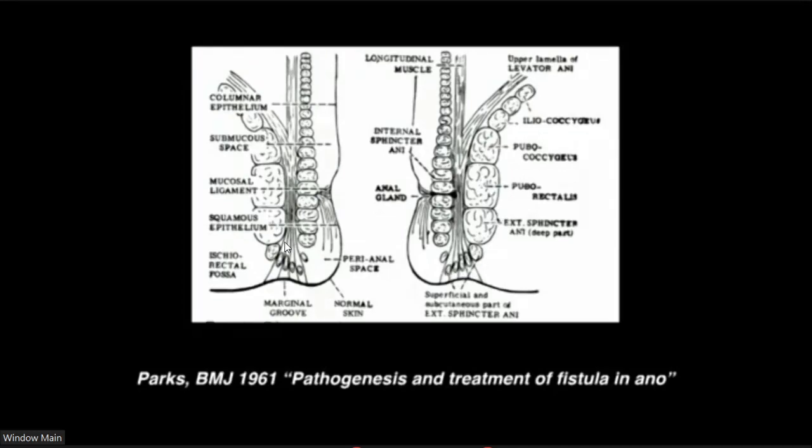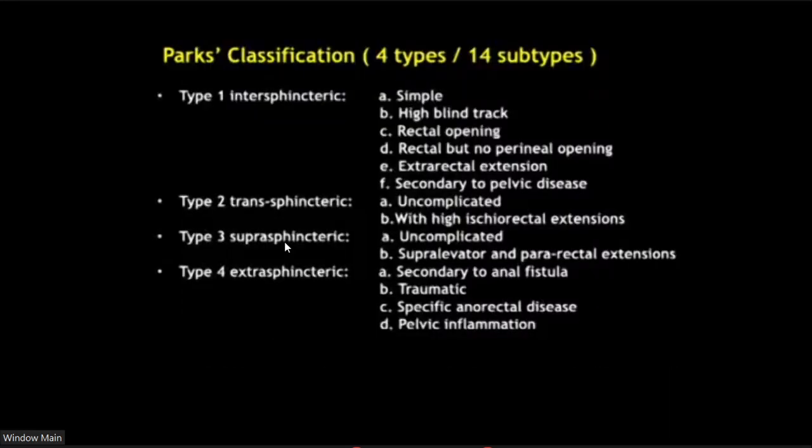And the deep one, and this is the levator. The levator cannot be divided into parts. So it's different. This understanding of anatomy is different from the modern anatomy. This is the 14 subtypes of the Parks classification. And you see it's too complex.